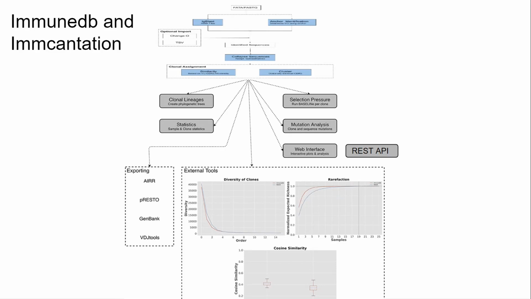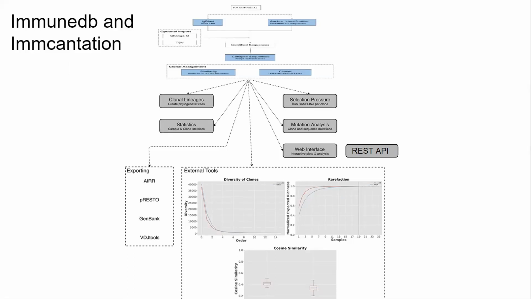And we can also interact by making queries to a REST API, where immuneDB is now part of the iReceptor gateway. In addition to all that, immuneDB has a front end, a web interface, a very interactive visual way to view the data and to look at the basic analysis that are made through the pipeline.